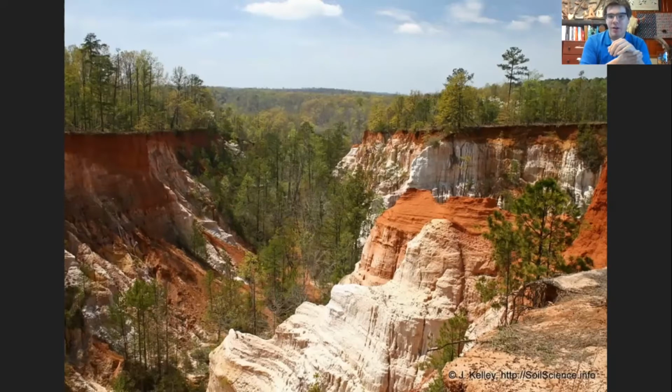It actually is still growing, though we're trying to slow it down and prevent its growth because this canyon is very unnatural. It's not supposed to be here, but it is anyways. And it's actually called the Grand Canyon of Georgia, mostly because of just the way that it looks. And it was just caused by water running off.